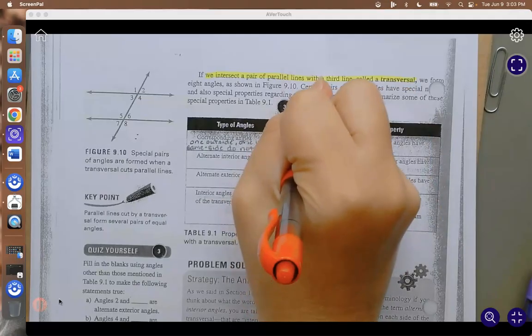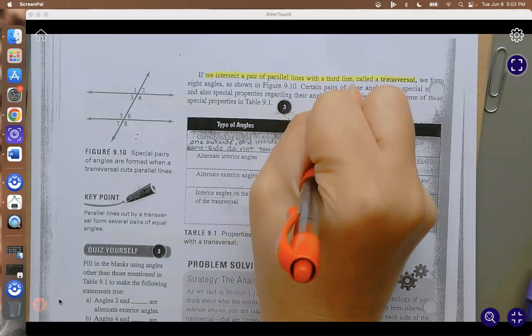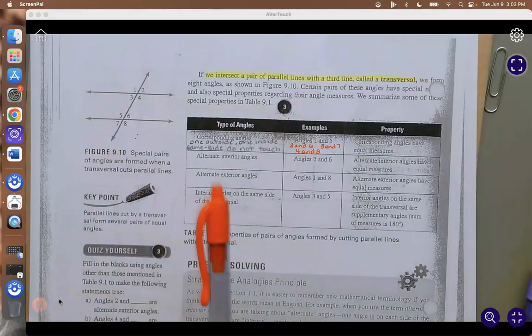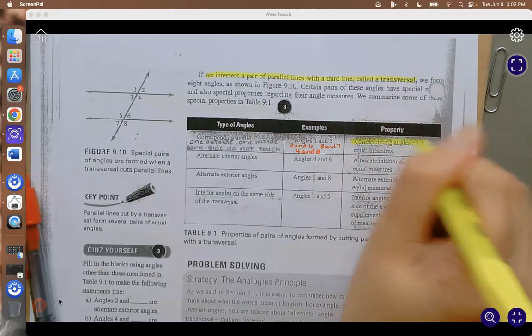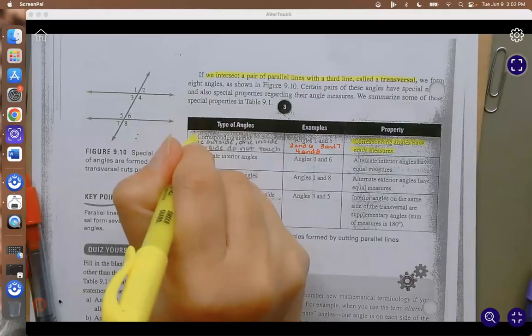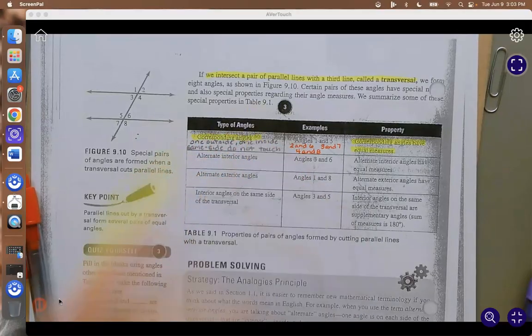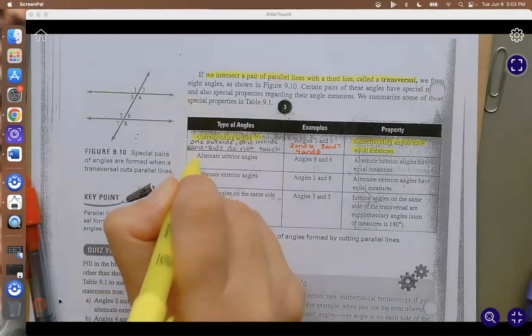Okay, 4 and 8. And what we need to know about this is corresponding angles have equal measures. Okay, so the first type of angle we're looking at is corresponding angles. The next one tells you the definition.